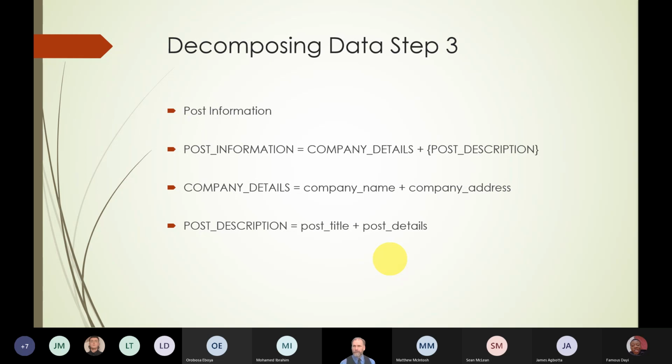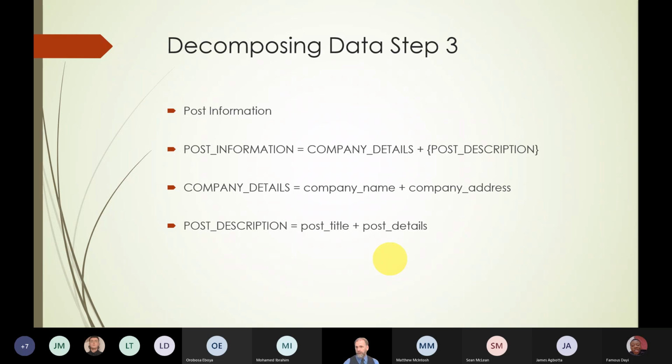Once we have all that, we're going to put it into our data dictionary, and that is an actual document, like a dictionary. So we can go to the data dictionary to look up what we need for all of these things. So if somebody says, what's the company details, we go to our dictionary and look up company details because it's under C and find out that company details consists of company name plus company address.